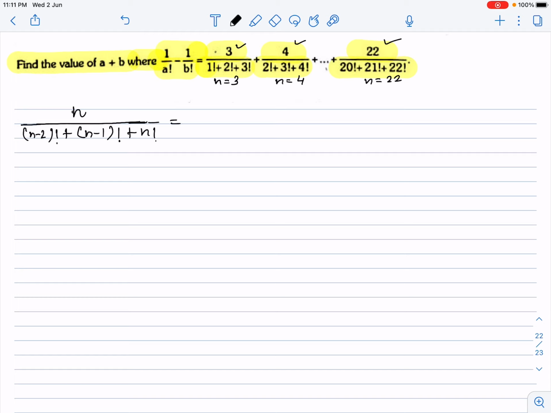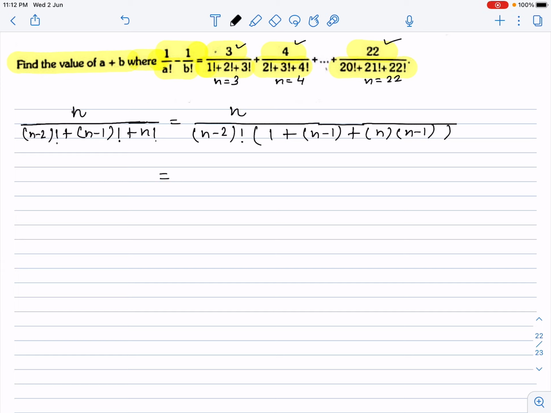Now let's proceed further and see what can be done by me. n minus 2 factorial I'll be going to take common over here, and finally 1 will be remaining over here, plus n minus 1 will be remaining over here, plus n into n minus 1 will be remaining over here.